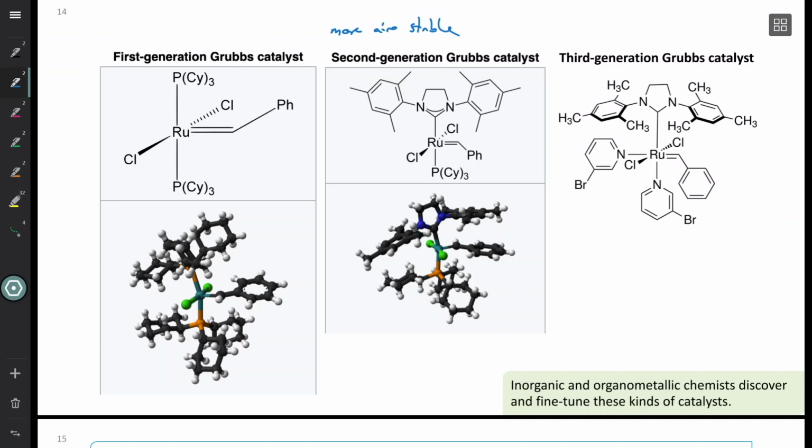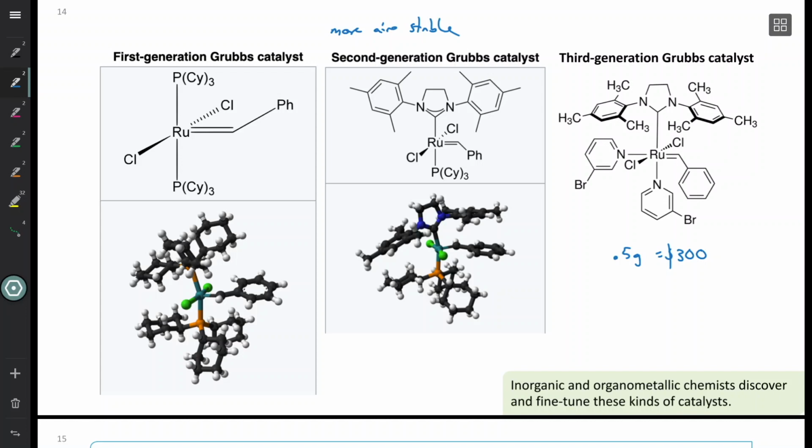As they made them more air stable, they were easier to handle. Otherwise, you still have to keep these in glove boxes, but these are pretty expensive to make. This one, I think half a gram is $300, which is actually not that much, considering how complex this is.